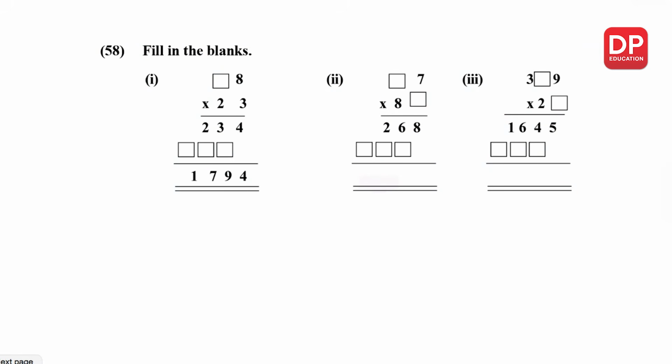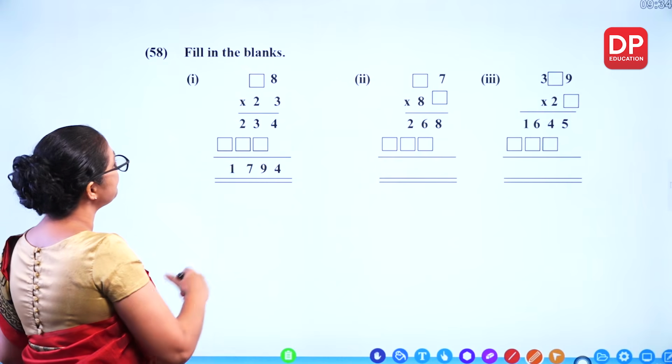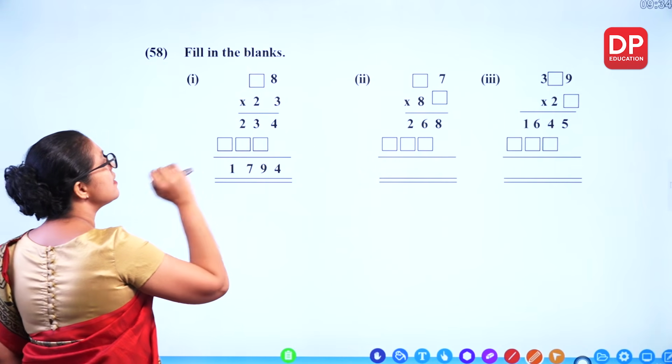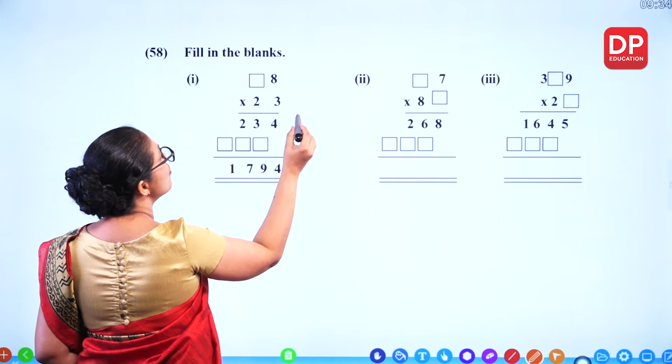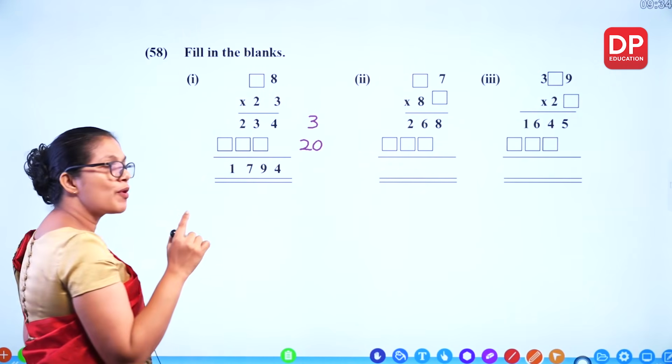Fill in the blanks. Now, the answer is given and you need to fill in between. So that's not easy. 23. How do you get 23? You can write 3 and 20. That's how we multiply.